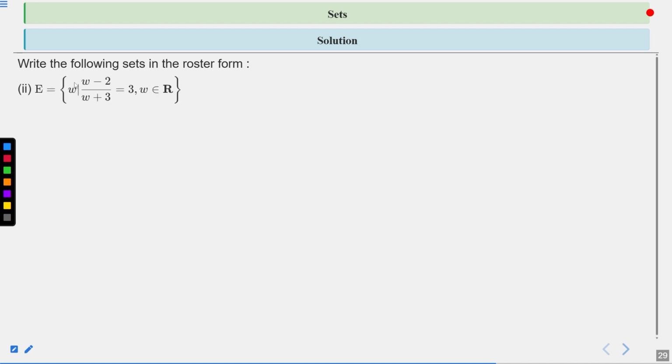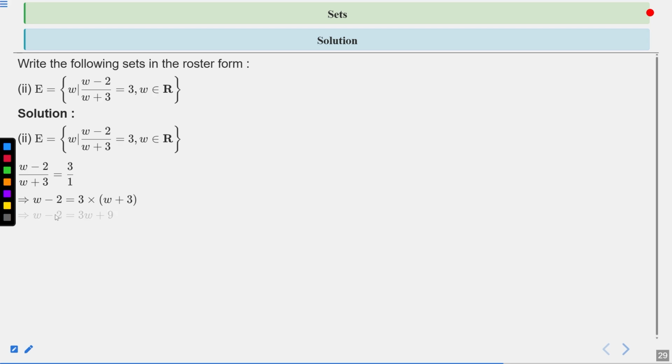For set E, the set builder form is the collection of all w such that (w minus 2) by (w plus 3) is equal to 3, where w belongs to all reals. Solution. We have to find the roster form for this set builder form. Starting with solving the given equation, (w minus 2) by (w plus 3) is equal to 3 by 1. So w minus 2 is equal to 3 times (w plus 3). We get w minus 2 is equal to 3w plus 9.